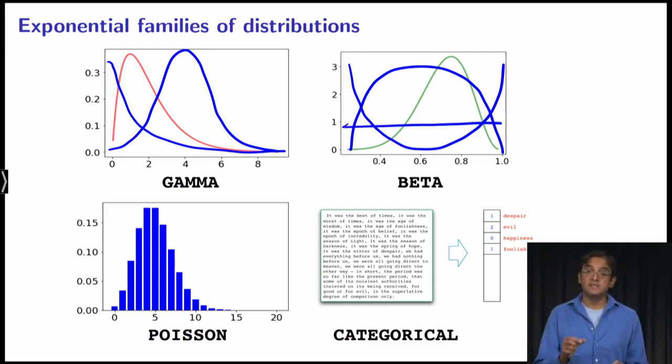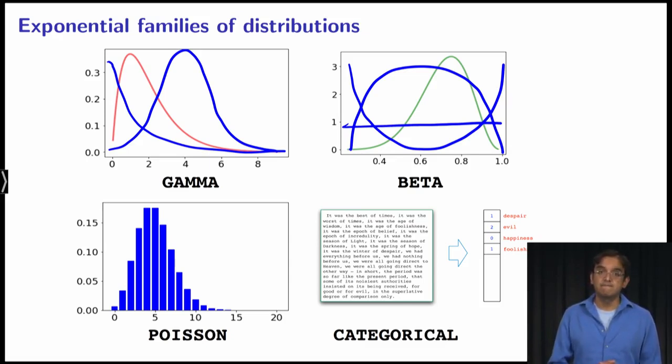It just assigns a probability for each specific outcome, for each specific word. So all these distributions, the gamma, the beta, the Poisson, the categorical, these all are useful in situations where the Gaussian would not be entirely appropriate. And the four of these distributions, along with the Gaussian, turn out to actually be part of a broader class of probability distributions called exponential families.